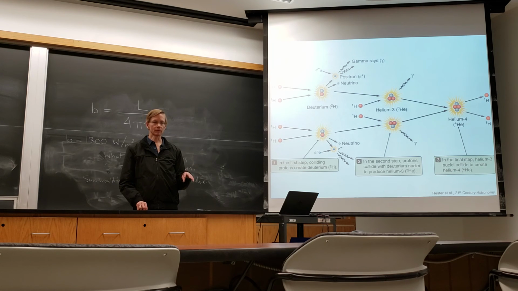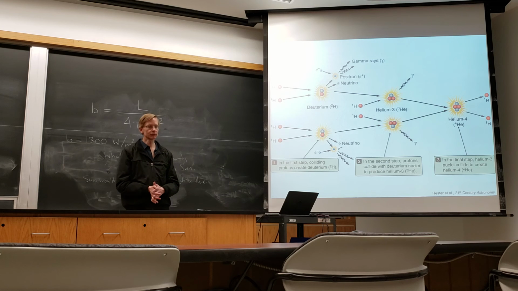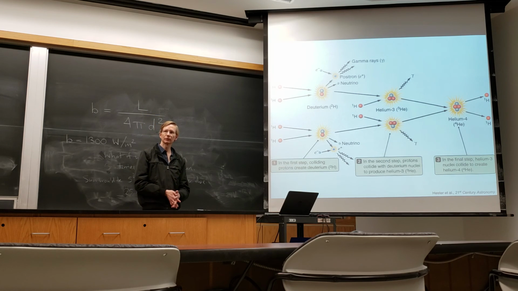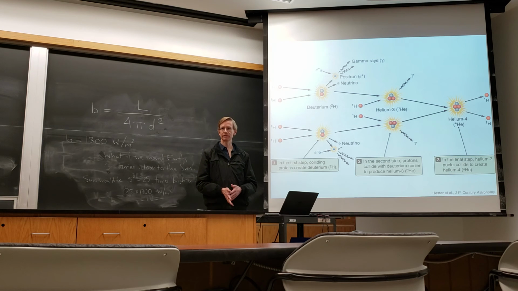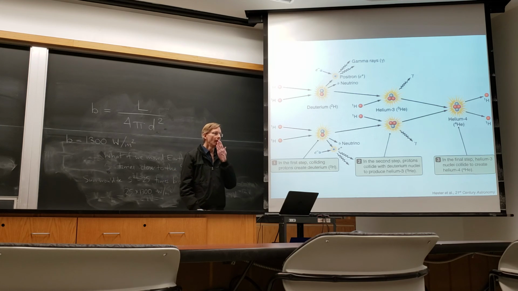So, for example, a neutrino could pass through light years of lead and not be stopped by it. You literally have trillions of neutrinos passing through your body every second, but they're harmless because they do not interact very much with other forms of matter, and so they just pass right on through without causing any harm.